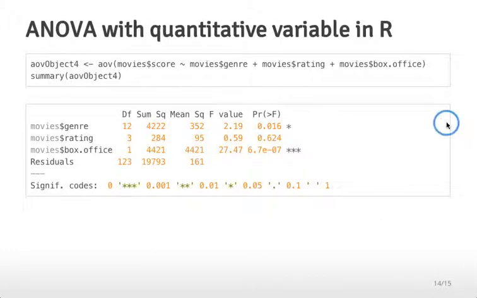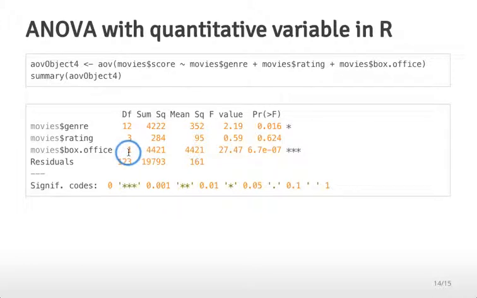And you can see that in the ANOVA table. So again, we've created an ANOVA object here where the score is the outcome. We have the genre variable, the rating variable, and then the box office variable. And if you look at this, you can see that only 1 degree of freedom is used for the box office variable because we're constraining all the 1 unit differences to be the same. So we only have one parameter for that.